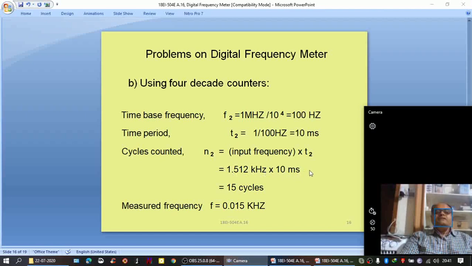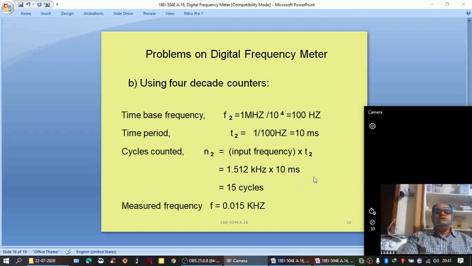So here in 10 milliseconds duration, sorry, the number of cycles of the input signal that are counted by the counter is only 15 cycles. Only 15 cycles. Why? Because the gating time duration is very small.